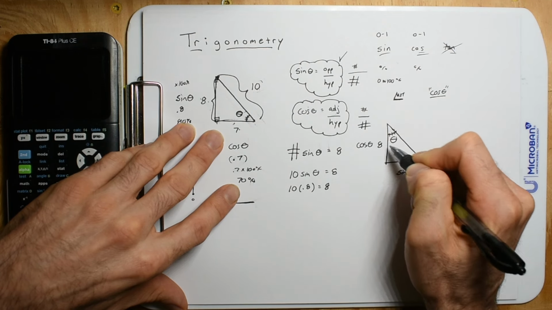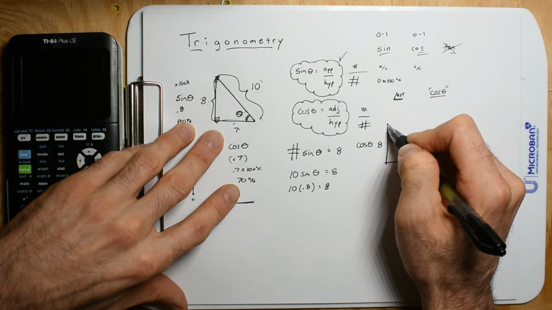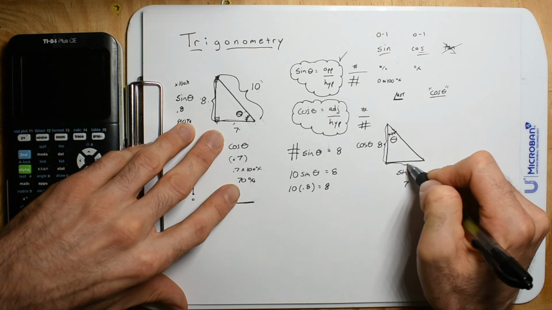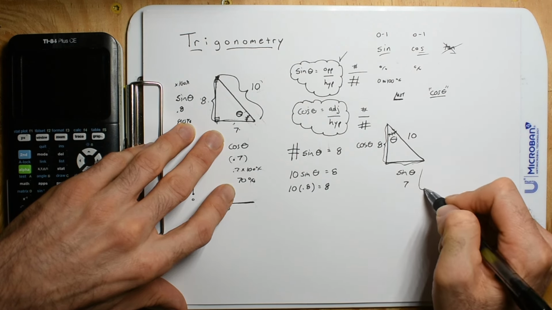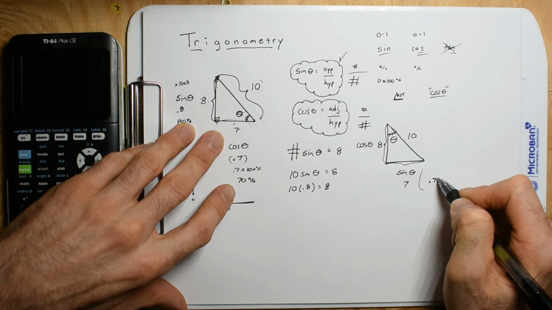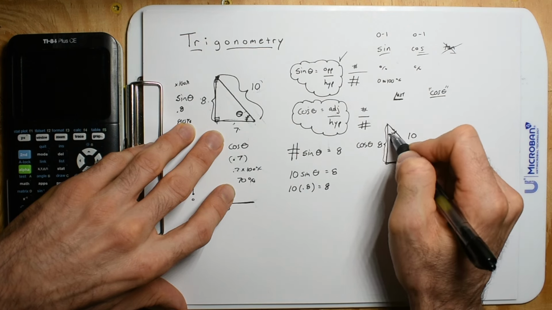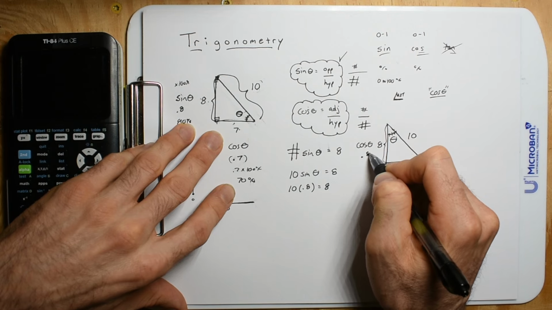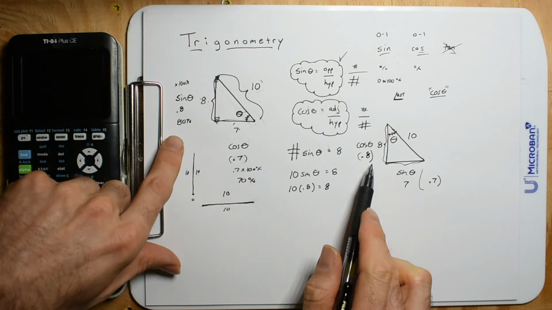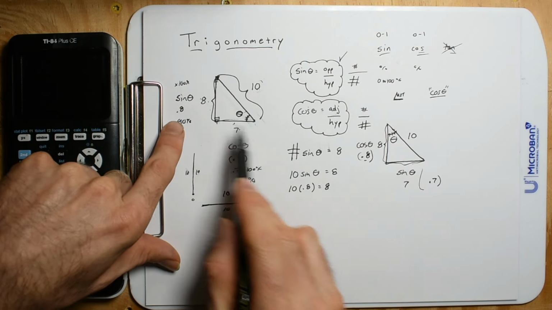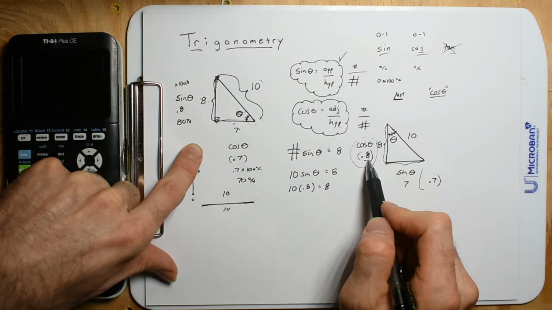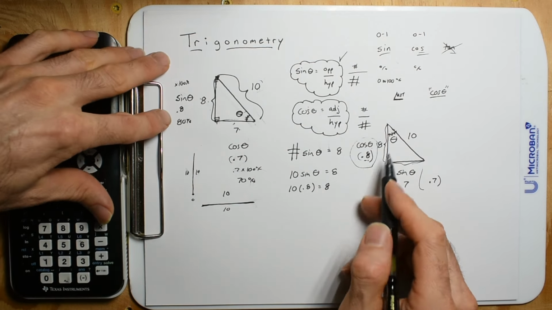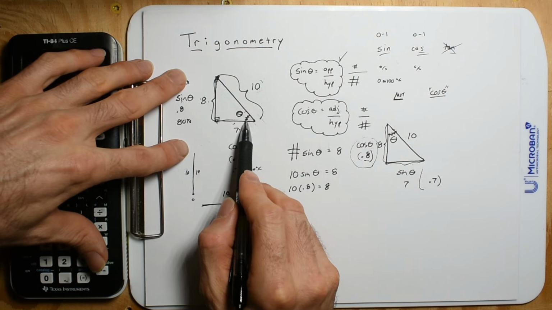So even if this is still 8 and this is still 7, this distance right here and this distance right here, and this is 10, now I'm saying the sine of that angle is 0.7. The cosine of that angle is 0.8. So look at that. The cosine of this angle was 0.8, and that was equal to the sine of that angle. You know what I mean?